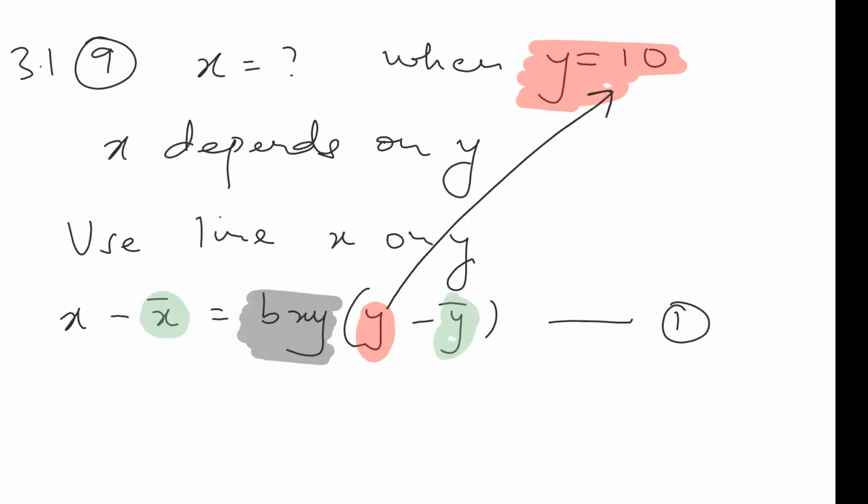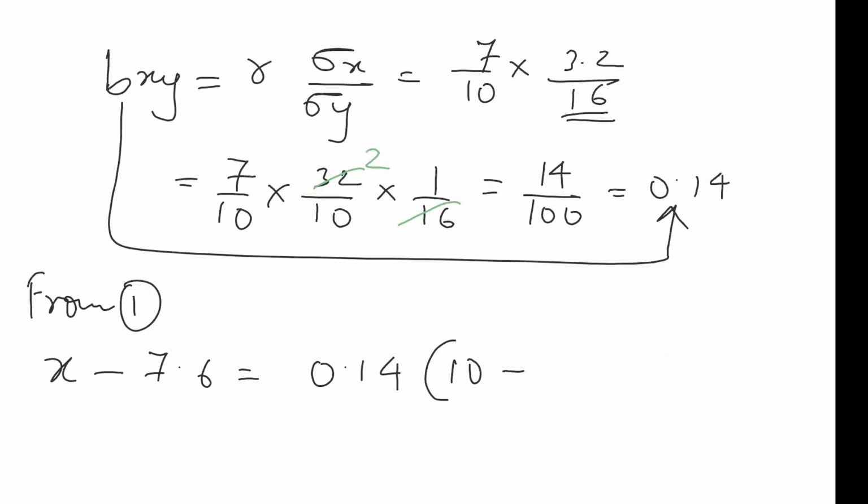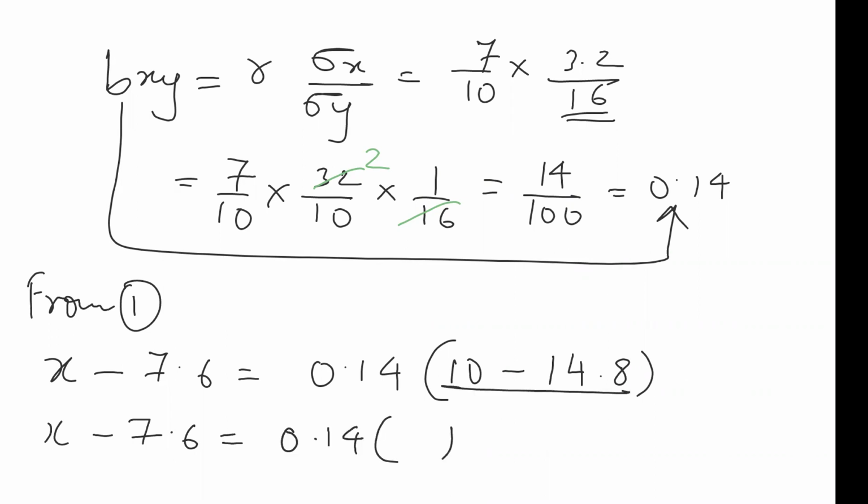Y value is 10, and y bar is 14.8, which is given in the problem. So x minus 7.6 equals 0.14 into 10 minus 14.8, which is minus 4.8.